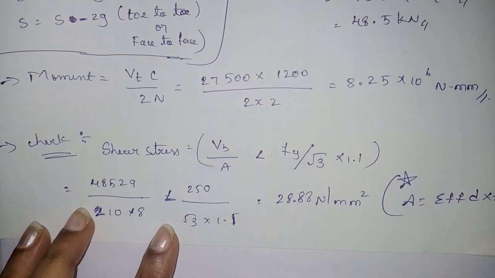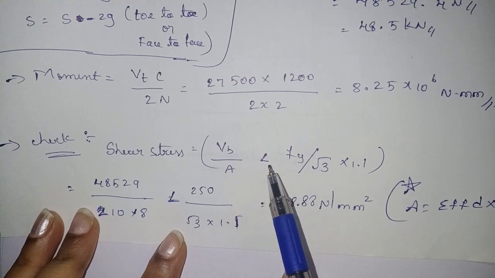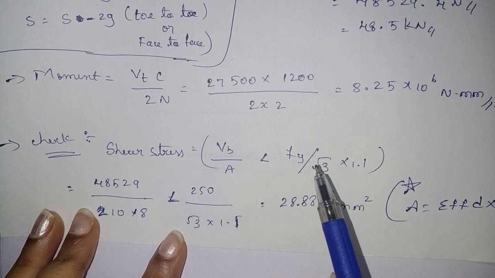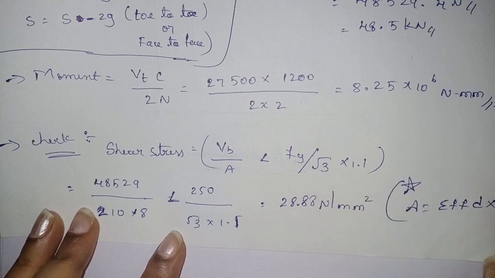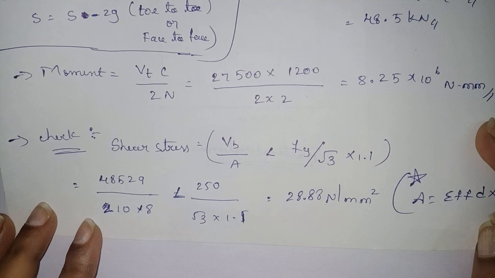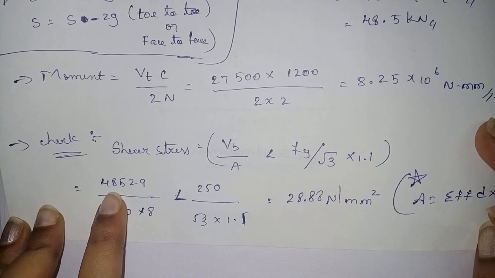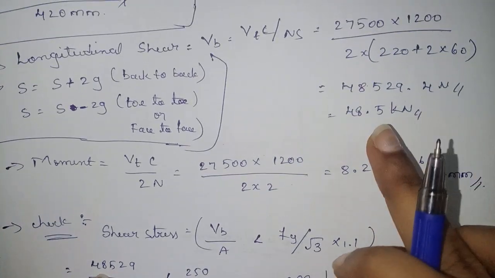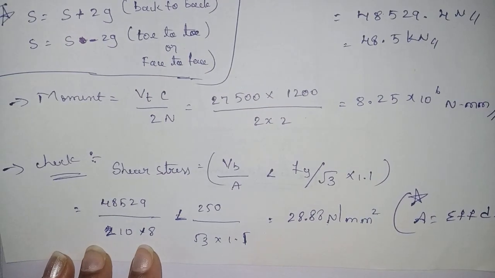Next we'll check for shear stresses. VB divided by area, and that should be lesser than Fy divided by square root of 3 into 1.1. And this is not in your code book, this you need to remember. VB is nothing but whatever the shear forces you have got, divided by the area. What is the area?